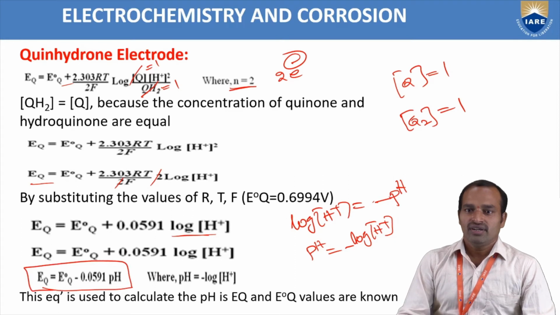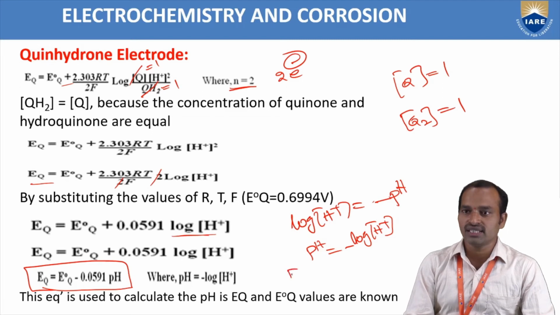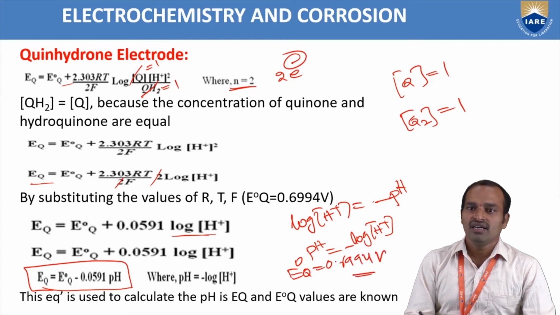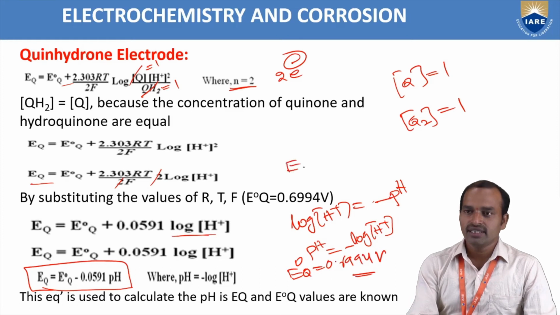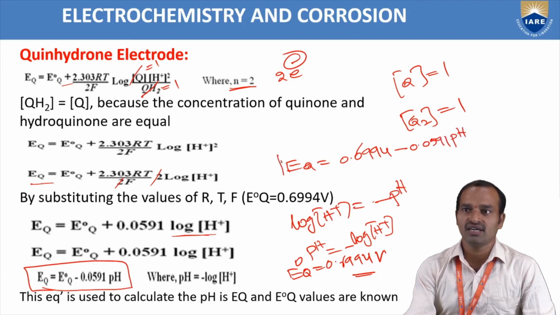Here E naught Q is the standard electrode potential of quinhydron, E naught Q equal to 0.6994 volts. Applying that in the equation, we get EQ is equal to 0.6994 minus 0.0591 pH. This is the final equation of the quinhydron electrode.